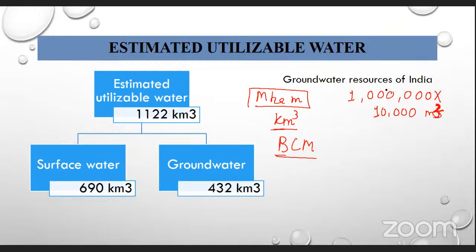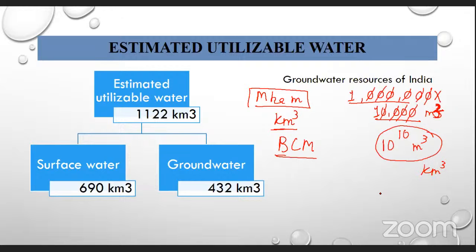If we multiply this million with the meter cube, your answer will be 10 to the power 10 meter cube. If we have to convert this meter cube into kilometer cube, what do we have to do? We just have to divide this 10 to the power 10 meter cube by 1000 cube.